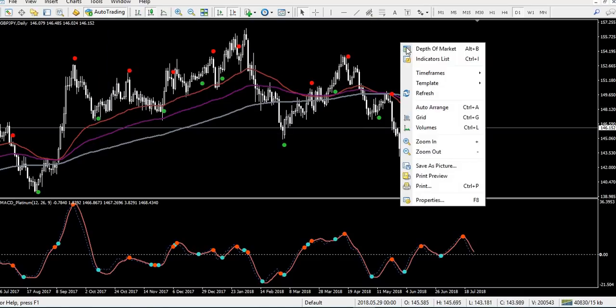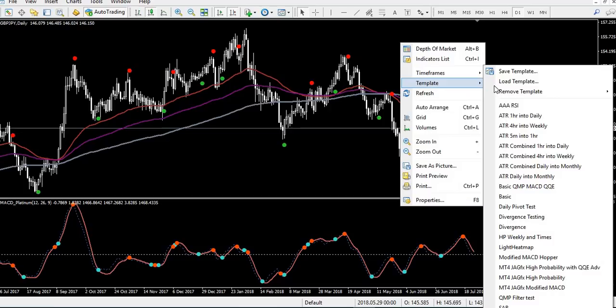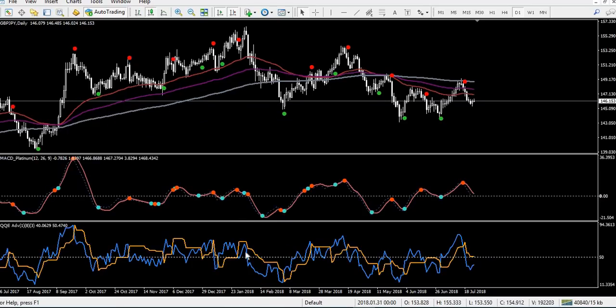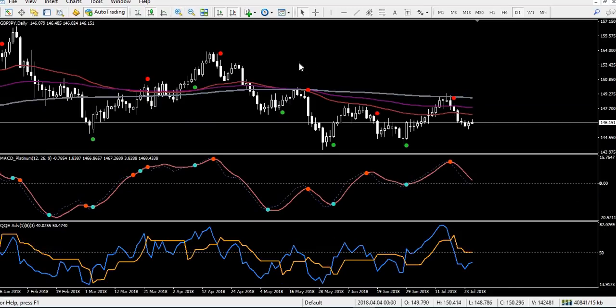What I'll do is I've just made up another template. I'm going to put the QQE Advanced on the chart with the template. So I'll just expand it a bit so it's easy to see. Right, this bottom indicator is a QQE Advanced.